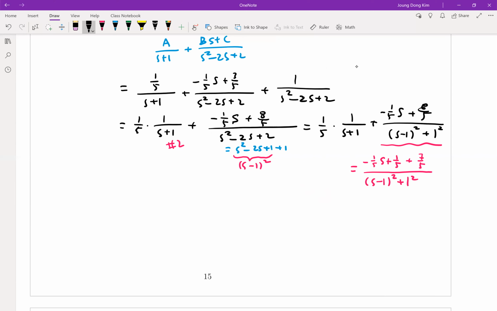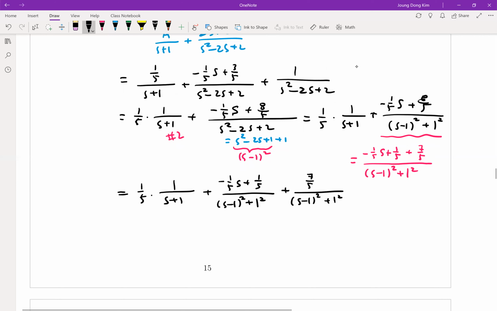So that is equal to, let me rewrite: 1/5 times 1 over s plus 1, plus negative 1/5 times (s minus 1) over (s minus 1) squared plus 1 squared, plus 7 over 5 times 1 over (s minus 1) squared plus 1 squared. Almost here.